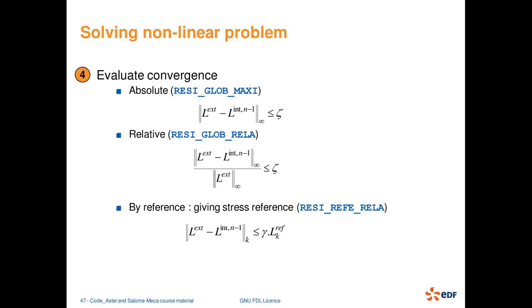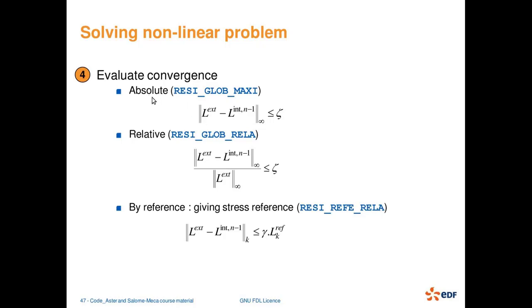And in order to evaluate the convergence, whether I have achieved a converged solution or not, I always need to find out the residual. There are different types of convergence criteria available in almost all nonlinear finite element software, also in Salome-Meca or Code-Aster.